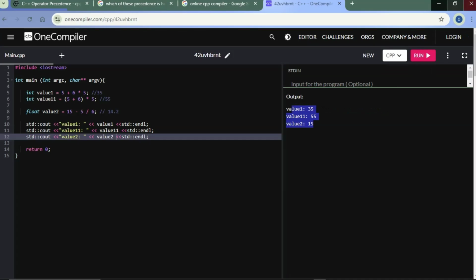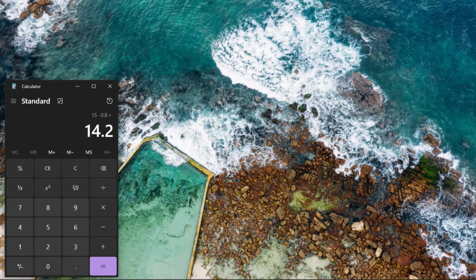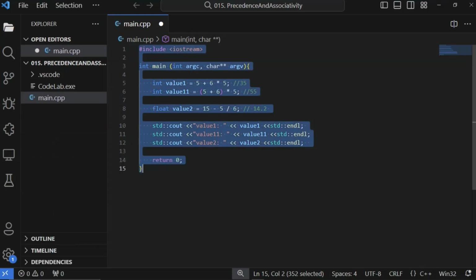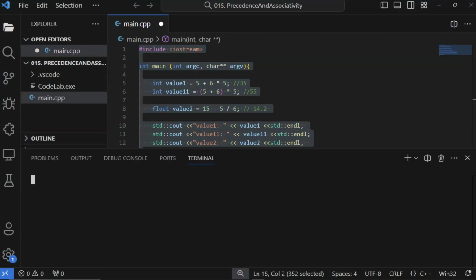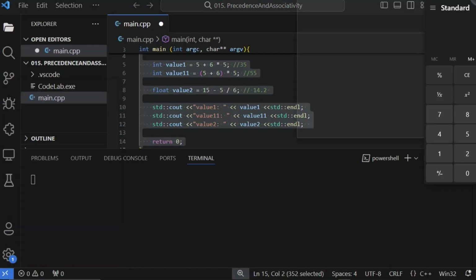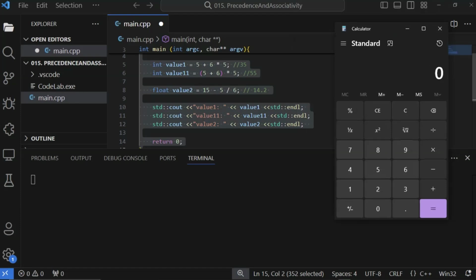So good. We have 15, but something is really off. Let's try and check if the compile is okay. So first thing, when we did our calculator, we said what we evaluate first is division.